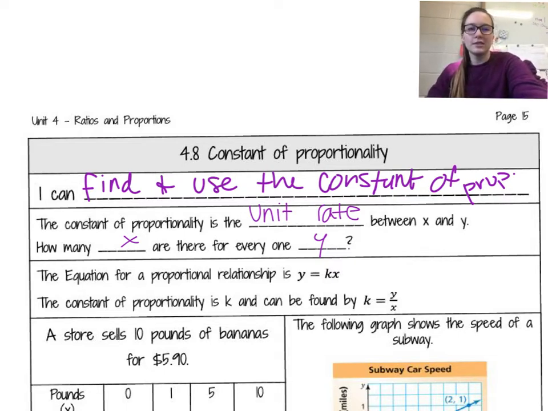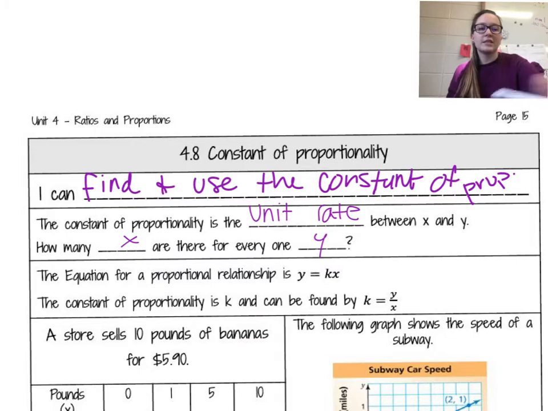So our constant of proportionality, we use a variable to represent it when we don't know it, which is the letter k. So k represents the constant, and our equation to describe that relationship is the y value, whatever that is, and we get that from taking k, our constant number, times the x value, okay?